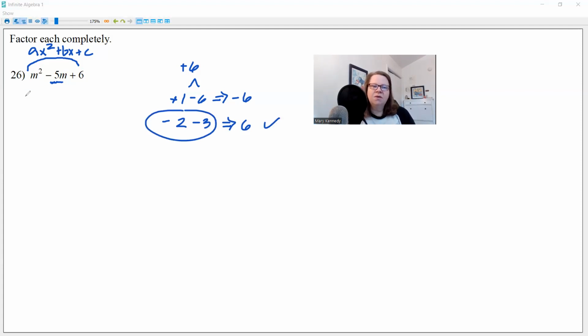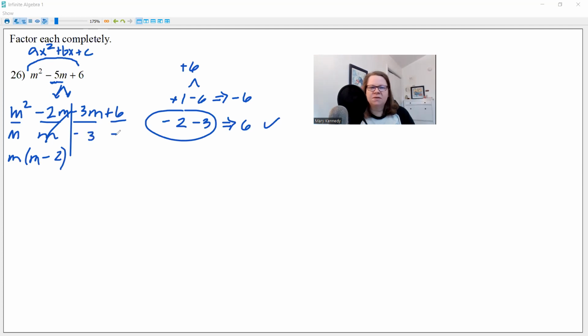So these are the factors that we're going to use here. And so, the way that I always teach it is to do it by grouping. I'm going to split this negative 5m into two parts. I'm going to put negative 2m minus 3m and then bring down the plus 6. We're about to get to the part where I'm going to show you a little shortcut, but let's just do the process here. We're looking for greatest common factor on the left. Those both divide by m and leaves us with m minus 2. And over here, if the leading one is negative, we have to divide by negative, and the greatest common factor there is 3.